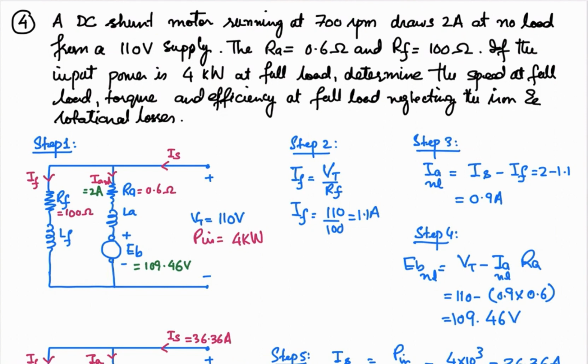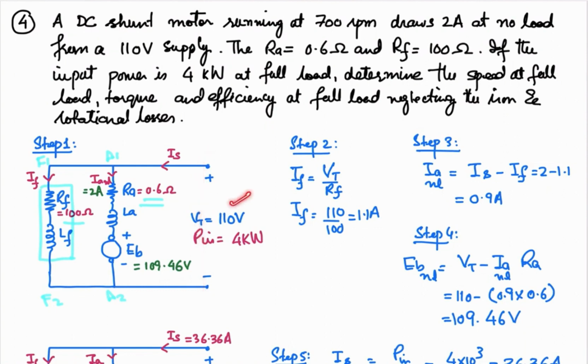First of all, the equivalent circuit is shown here. The field winding is F1 and F2, and the armature winding is A1, A2. The armature resistance is 0.6 ohm, and the field resistance is 100 ohm. It's a shunt machine, so both windings are connected in parallel, and here you have the 110 volt supply connected.